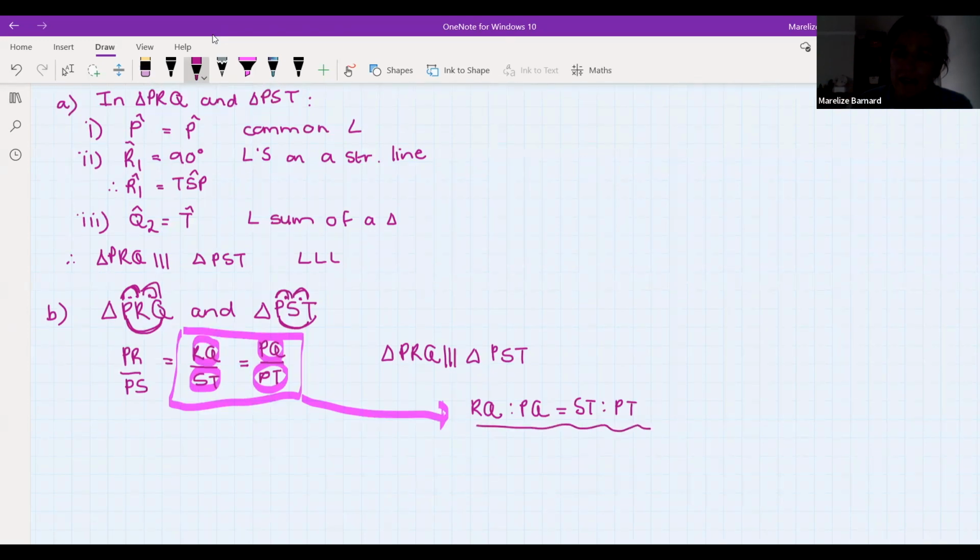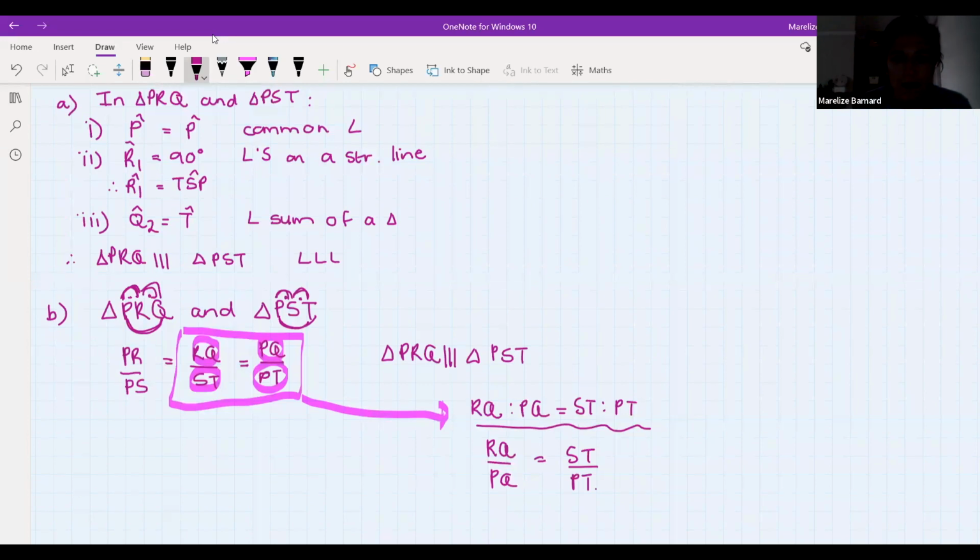Now we can write this as a fraction as well, just so that we're looking at the same things. So RQ, we can always go back again and change it to a ratio again. But this is basically what we need. Okay, but this is what I've got at the moment.